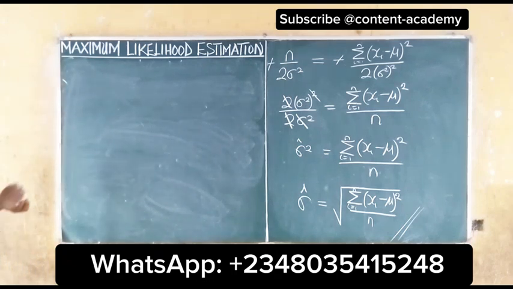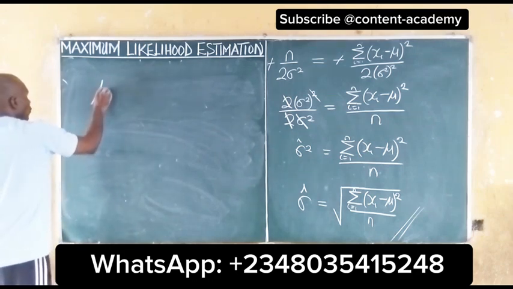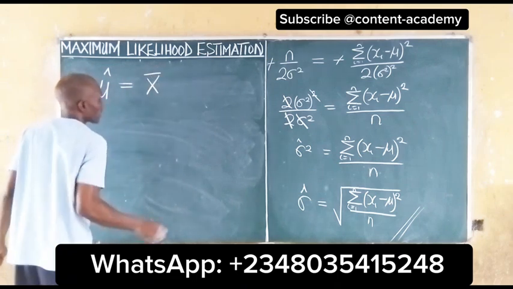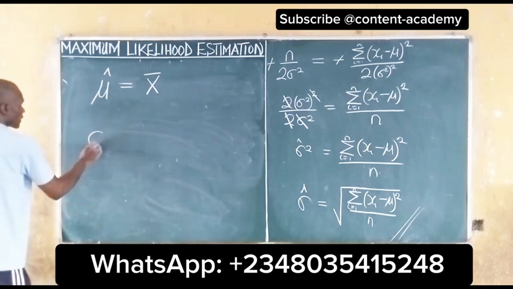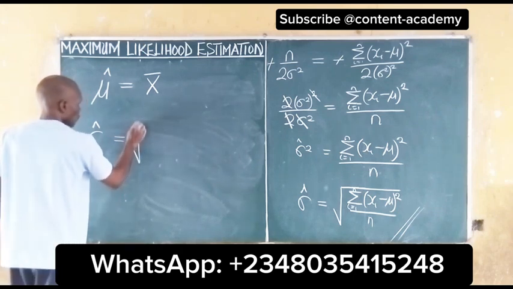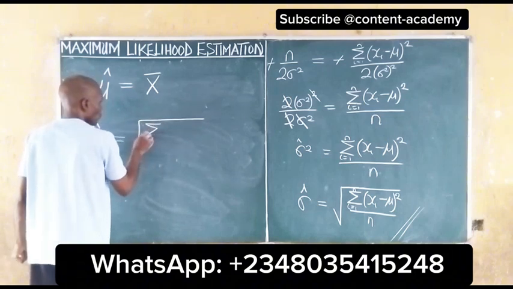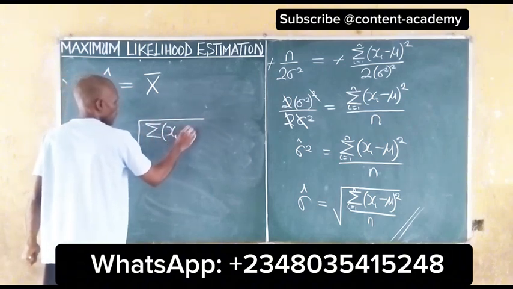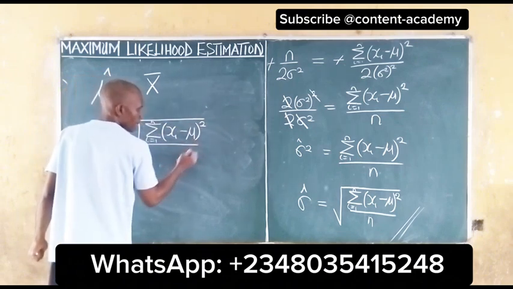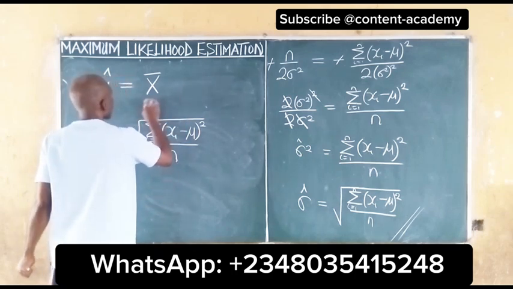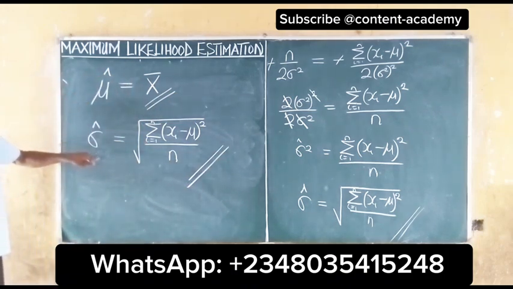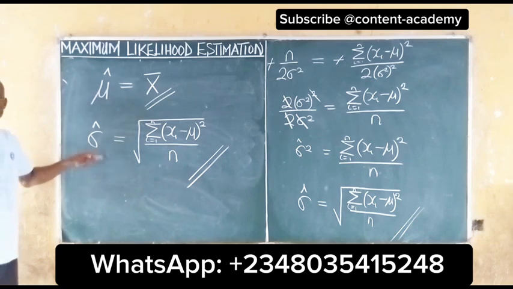You will recall we got our mean estimate to be x bar, which I said is unbiased, and our maximum likelihood estimate for the variance to be the square root of summation of (xi minus mu) squared, as i running from 1 to n, all over n. So this becomes the maximum likelihood estimator for the mean and the maximum likelihood estimator for the variance.